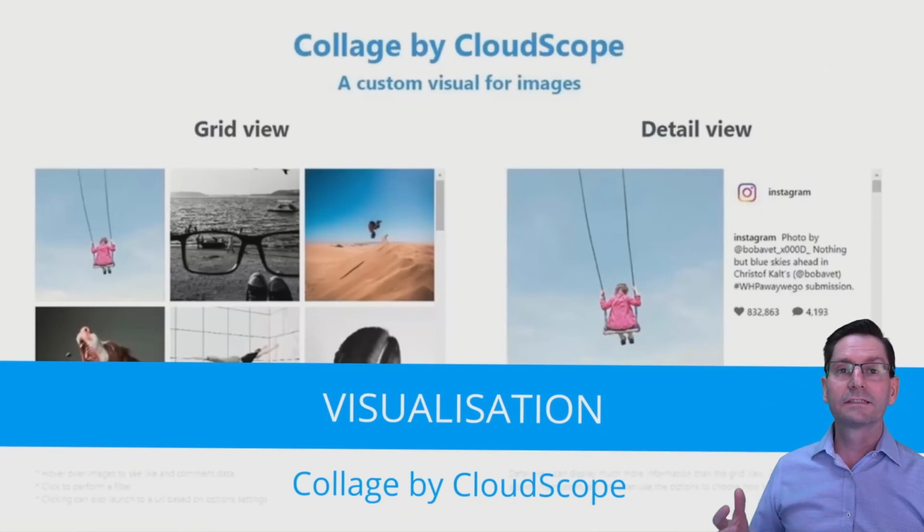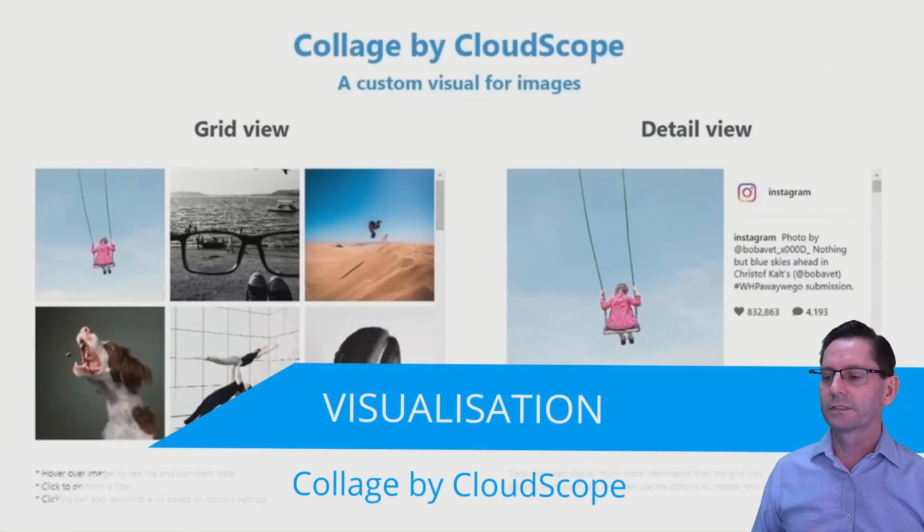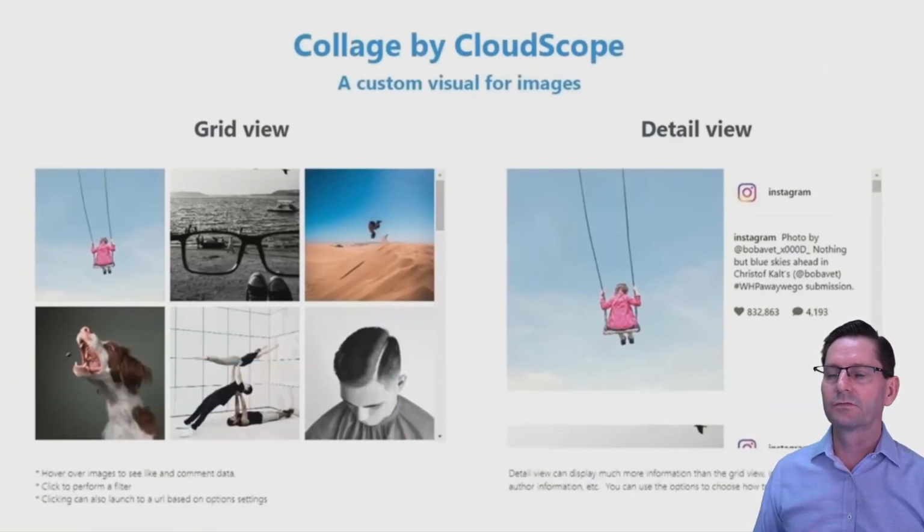So this is another interesting visualization, the Collage by CloudScope. It's really about that very visual imagery of bringing pictures and images into your Power BI space. This particular visualization brings images, particularly through a URL reference, into your Power BI reporting.